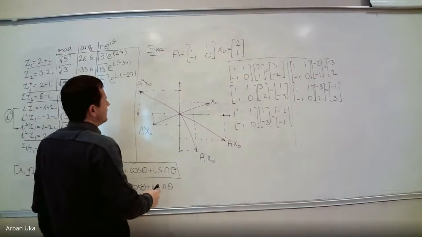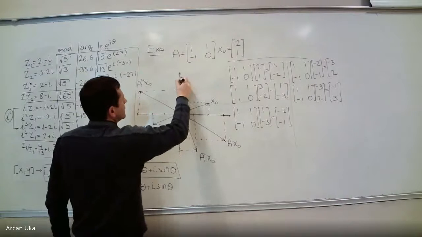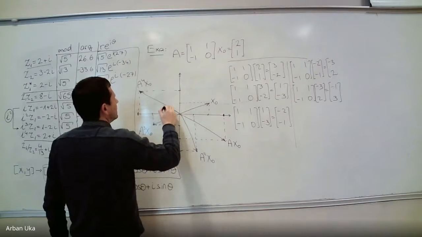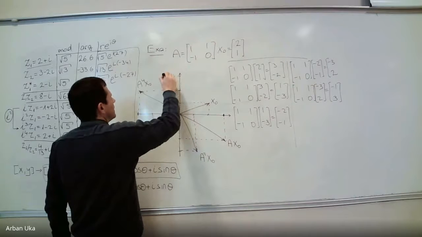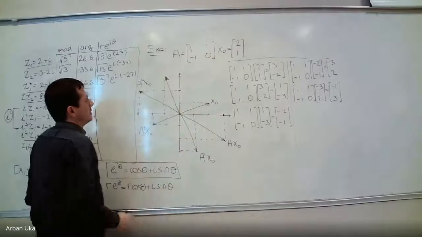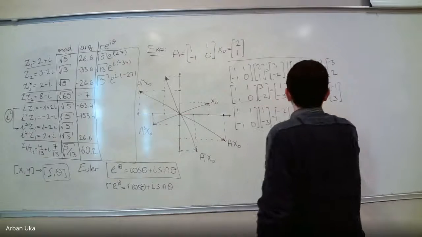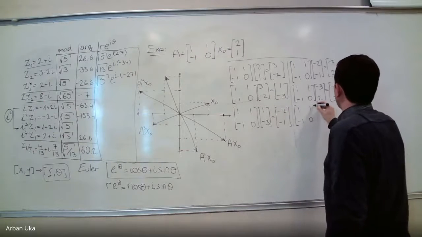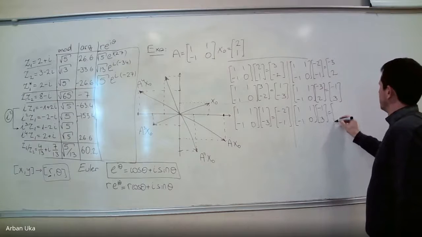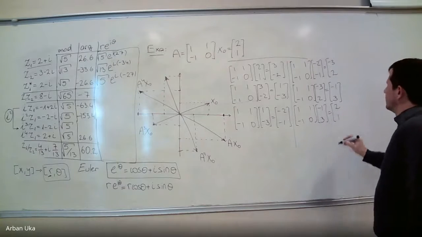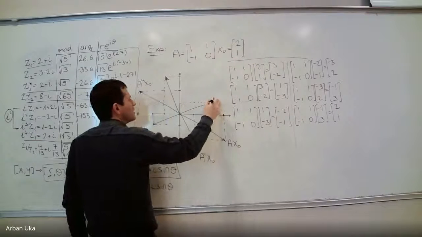And finally we get 2, 1, which is the initial vector.